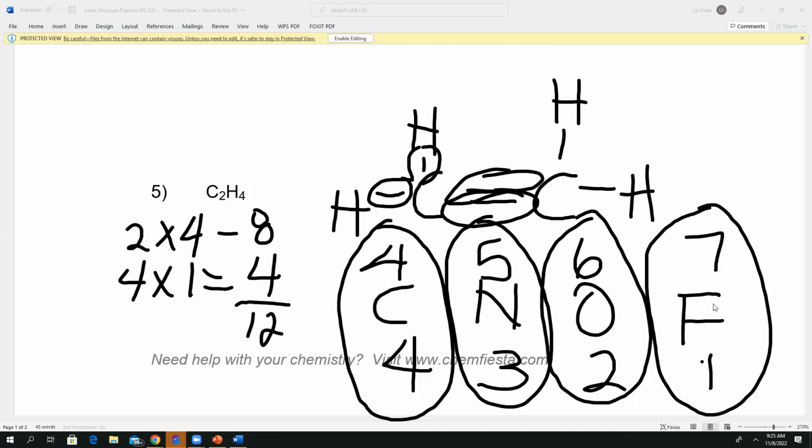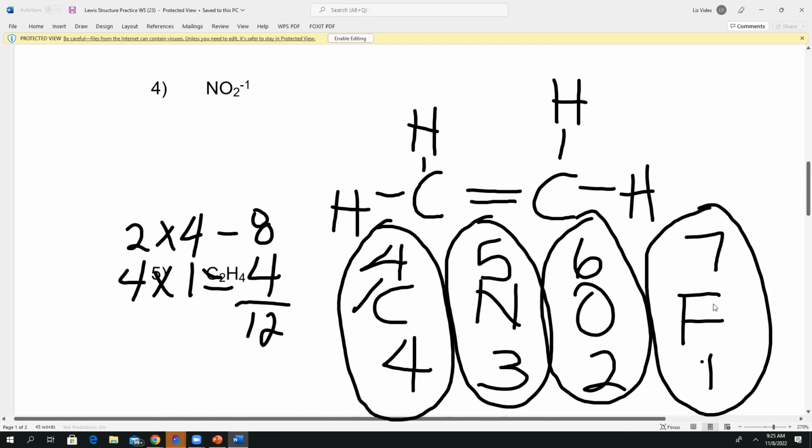See? All right, so let's undo all that mess so we can see the structure. And see, that's exactly what checks here. And if you look at nitrogen, when we did this one, remember nitrogen was like this.